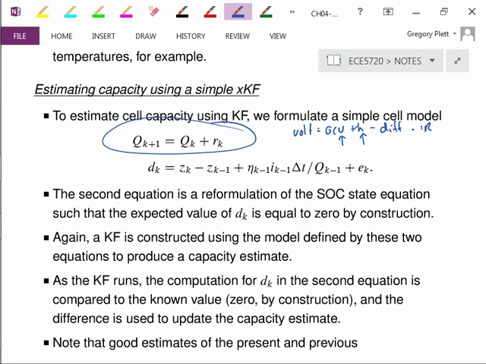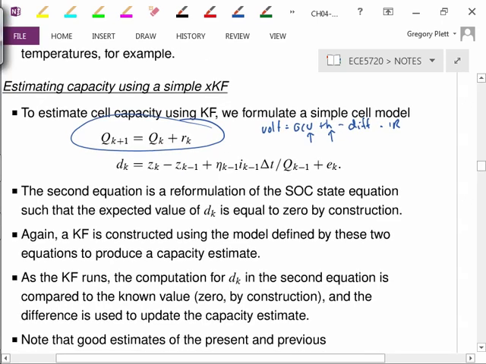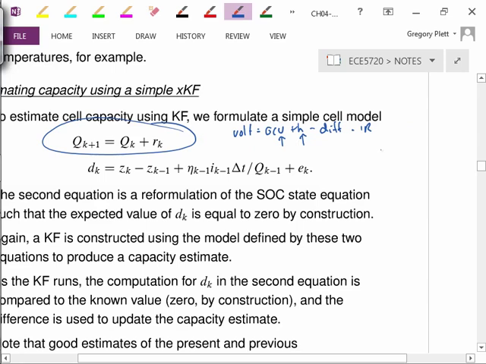One way that I've done this is to take the state of charge equation. We know z_k equals z_{k-1} minus eta_{k-1} i_{k-1} delta t over Q. If I bring everything over to one side of the equation, I get 0 equals z_{k-1} plus eta dot dot dot.